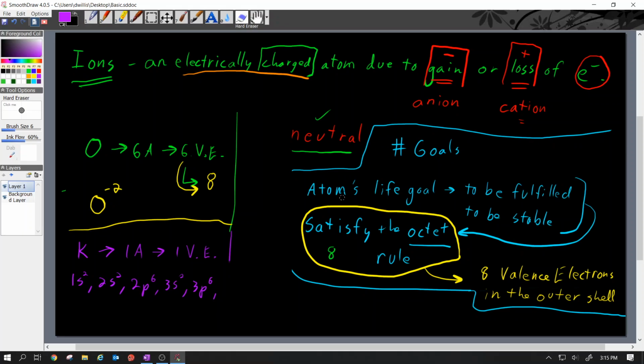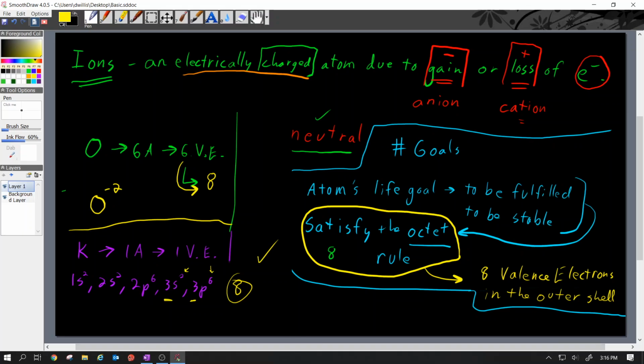In other words, what if we lost that electron? Absolutely. Now, if we did that, do you see that our outermost energy level at that time would be 3? And we actually would have a 2 and a 6 for a total of 8, which would satisfy the octet rule. Whoa. Yes, it's true.